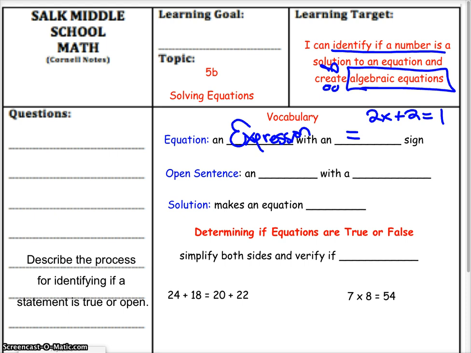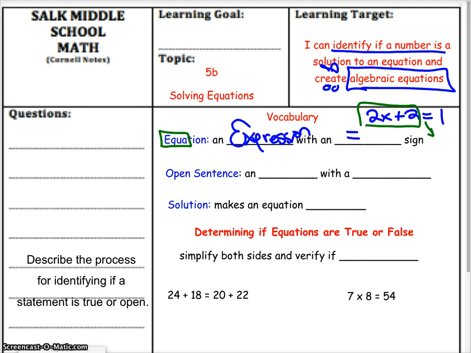An expression is just a set of numbers with an operating symbol. 2x plus 2, I'm expressing 2x plus 2. An equation has an equal sign. I think of the root word equal, there's an equal sign in there. An equation must have an equal sign.